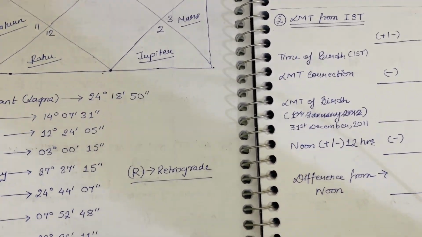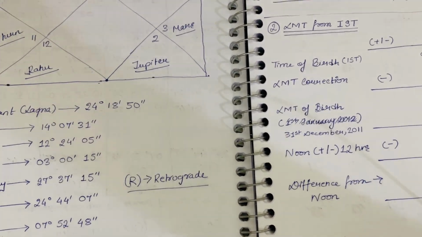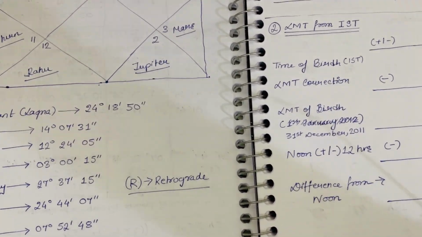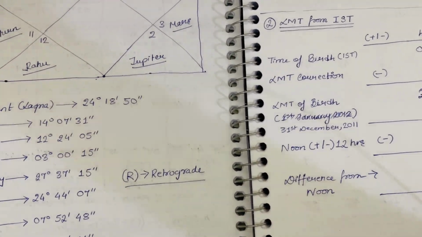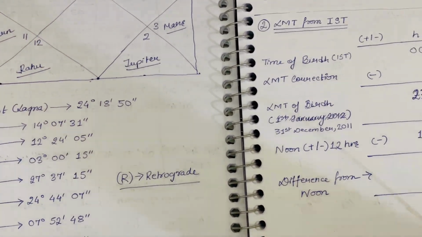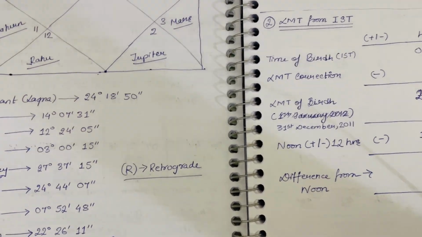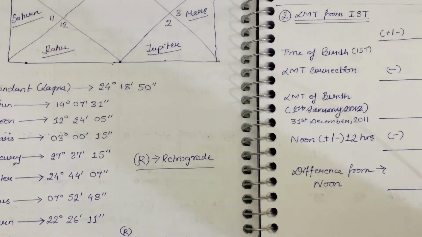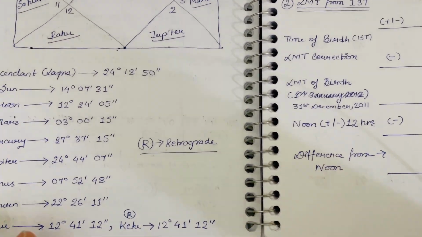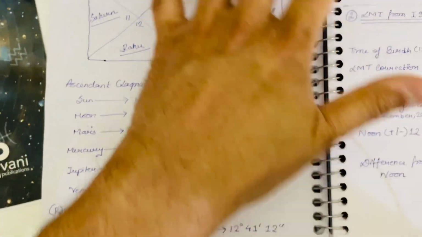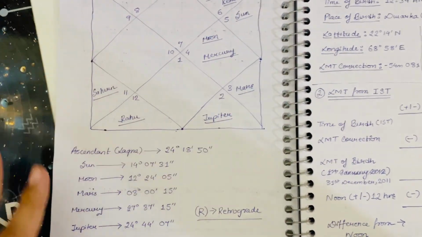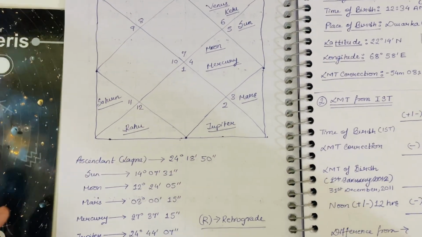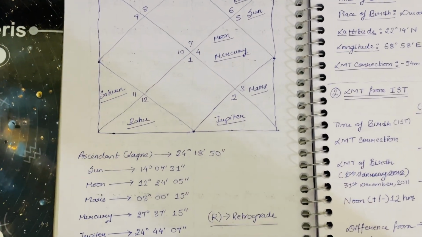From today's class, you will be able to manually calculate the planetary positions and the planetary longitudes for a particular birth detail. So, using the knowledge of these three classes, you will now be able to chart a horoscope on your own manually without the requirement of any online astrological software.